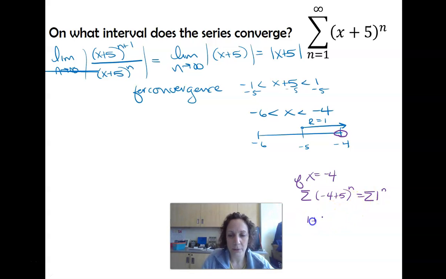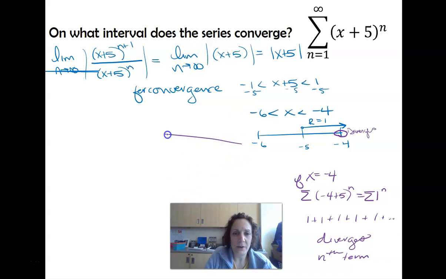So 1 plus 1 plus 1 plus 1 plus 1. That's going to diverge, right? It's going to diverge by the nth term. I need to go no further. My terms are not approaching 0. So it diverges here, this -4. I can't fill that dot in.